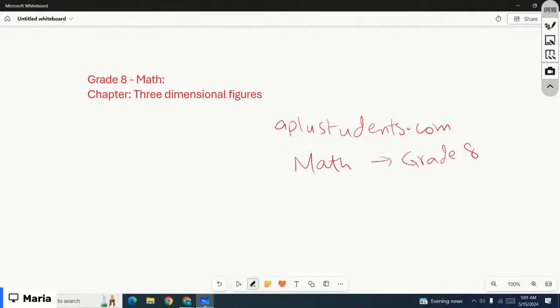Scroll down to grade 8 and then click on view all lessons. There you can find a list of the chapters. We're going to start with the chapter 3 dimensional figures.